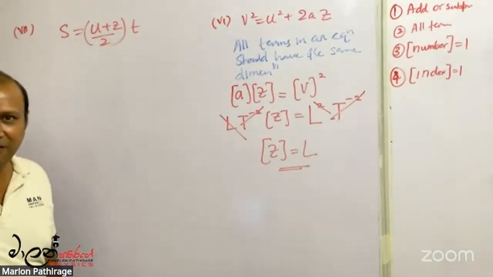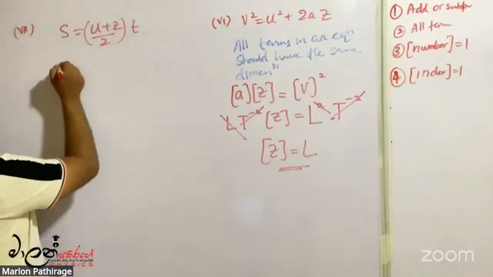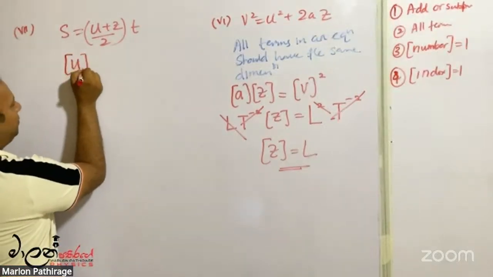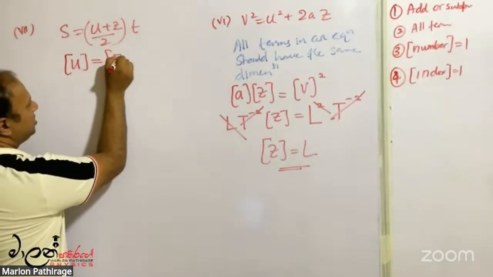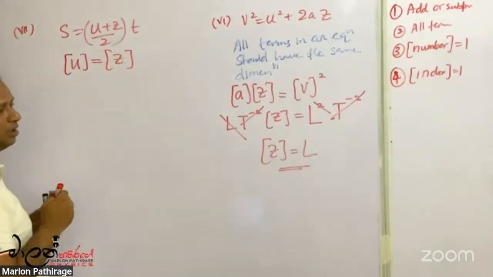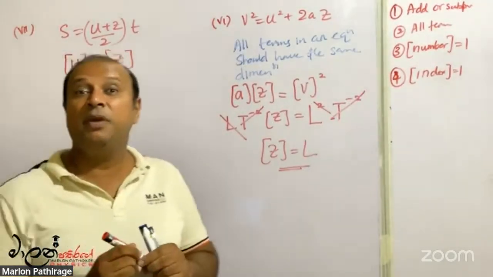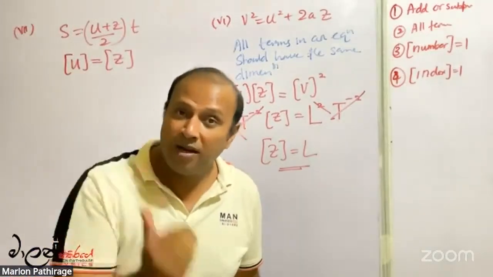Here we can directly equate the dimension of Z and the dimension of U. What is the reason?